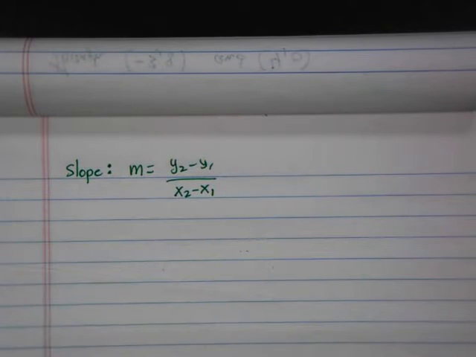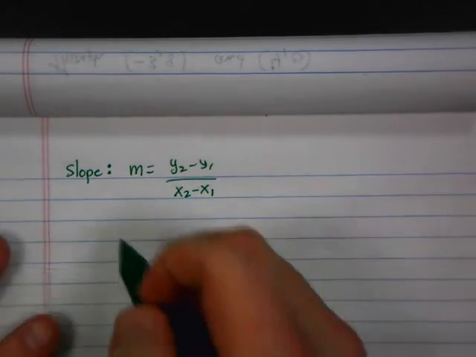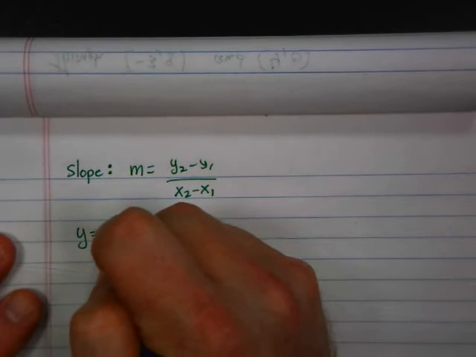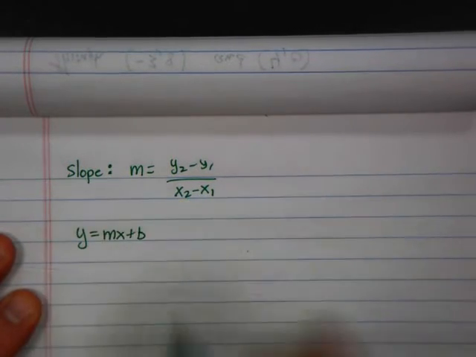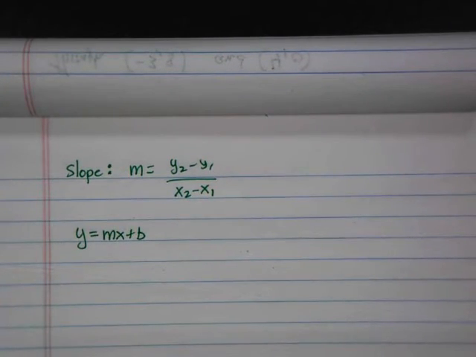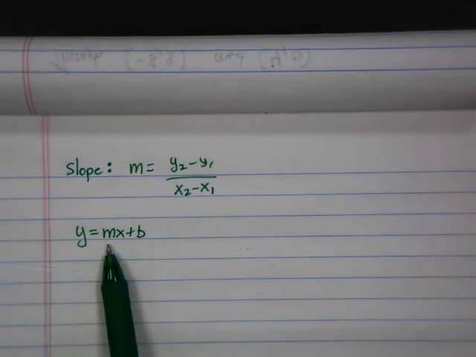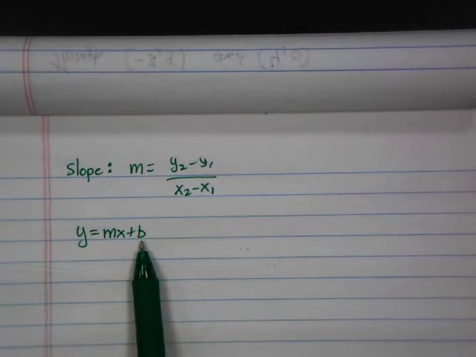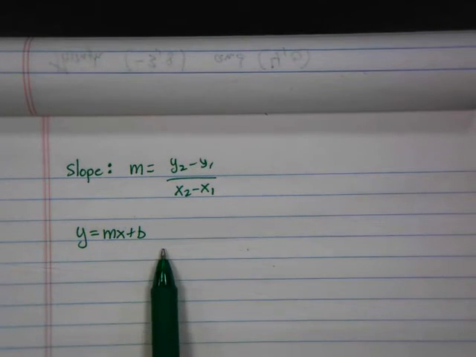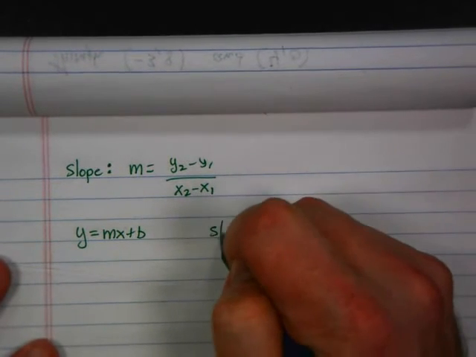We have that formula. That's our formula for slope. And then we have this formula. What's that formula called? Slope intercept. It's called slope intercept because it tells us the slope and the intercept.